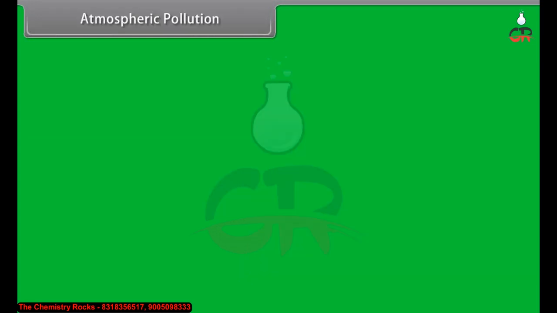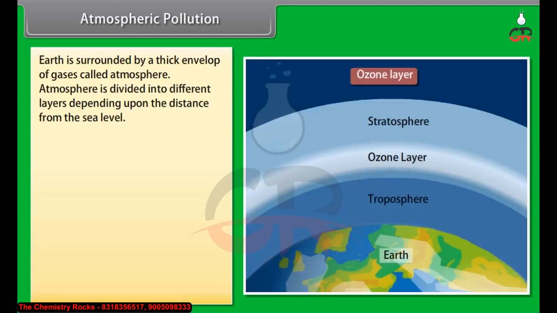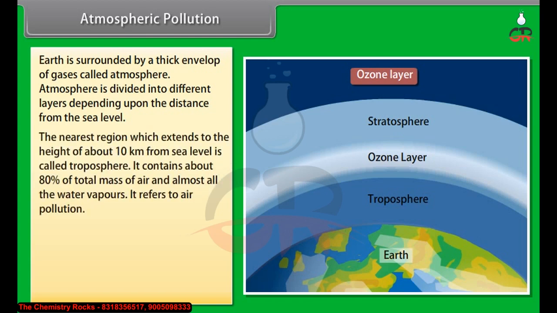Atmospheric pollution. Earth is surrounded by a thick envelope of gases called atmosphere. Atmosphere is divided into different layers depending upon the distance from the sea level. The nearest region, which extends to the height of about 10 km from the sea level, is called troposphere.